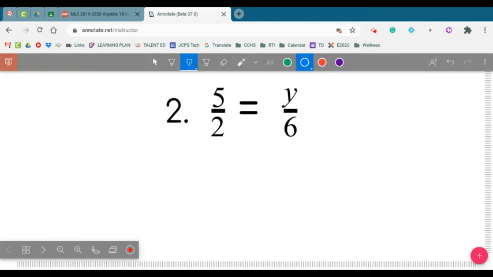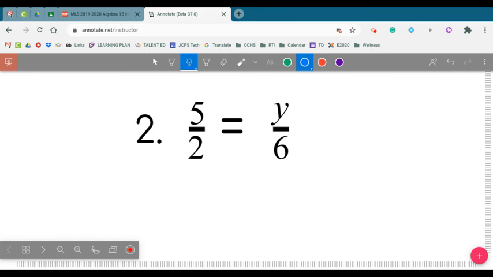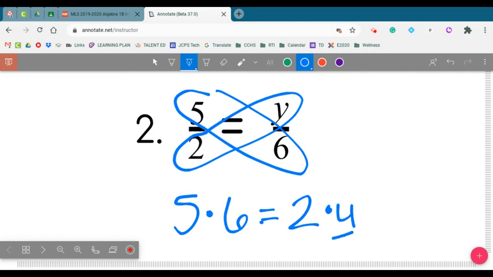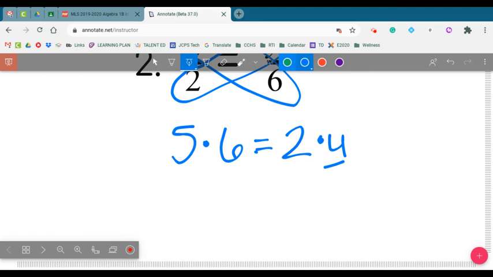Number 2, we're going to do the same thing. We're going to do 5 times 6 and then 2 times y. So we're going to get 5 times 6 equals 2 times y. 5 times 6 is 30, and 2 times y is 2y.